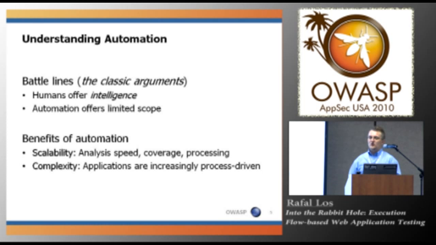Automation can scale to complexity levels, scalability levels, and processing levels that you just can't reach with people. You can't scale people the way you can scale processing power. And complexity: applications are increasingly process-driven. Back in '95, '96, when we first started building web apps, they were very simple.